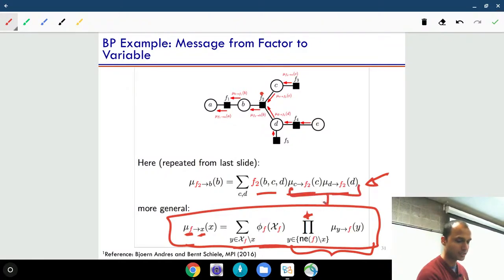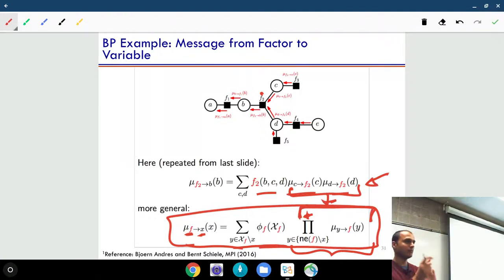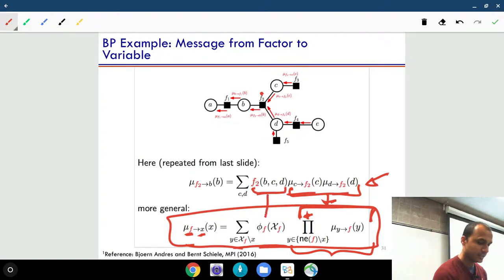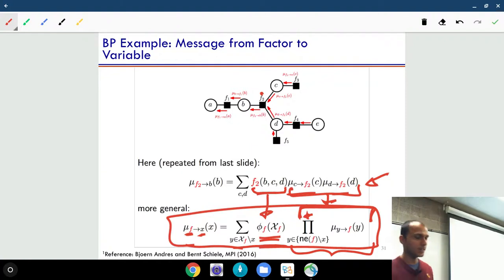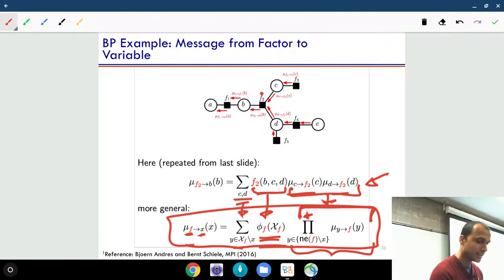So this is the general form. This part is getting two messages and doing element-wise multiplication, and then this part is phi. I'm using the phi function to represent the factor corresponding to that factor node, and then the summation over C and D is the same as summing over all the nodes except the node you want to pass a message to. If I'm passing a message to B, I want to sum over C and D. If I want to pass a message to C, I want to sum over B and D. Is that clear?